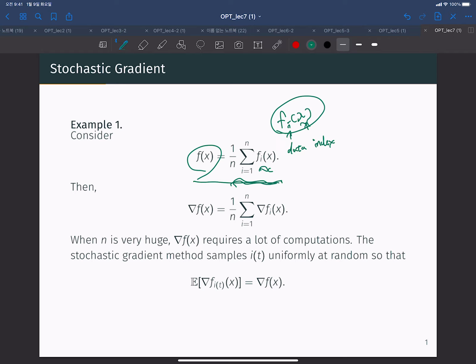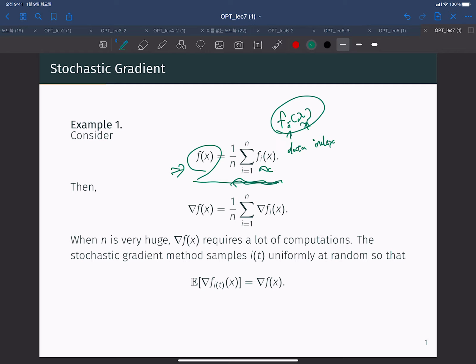Okay, and in most cases the f_i are different from each other, and it is very difficult to find the optimal point that minimizes this loss function, even though it is not convex. So we basically use the gradient descent approach, because gradient descent can at least find a local optimum with any type of function in many cases.